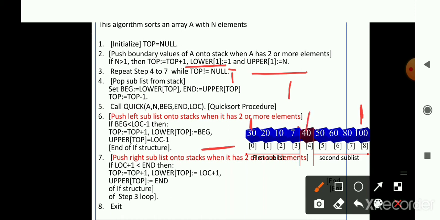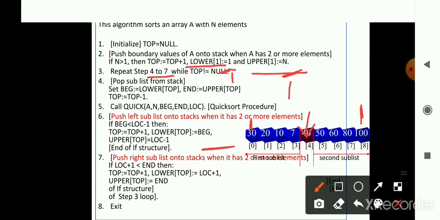We have the example where the pivot is at its proper position, but initially we place 40 at lower and the last element, 100, at the upper position. After that we have to repeat it.